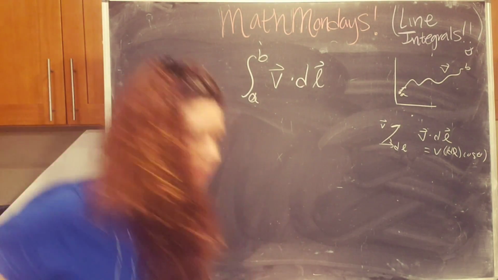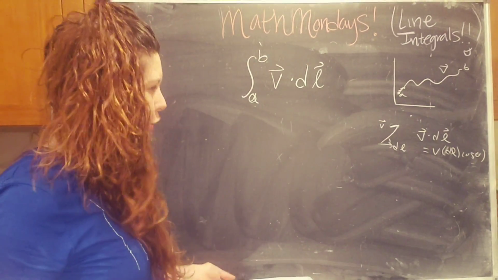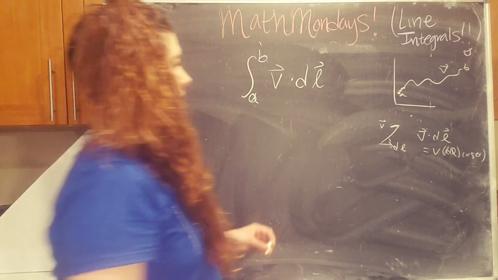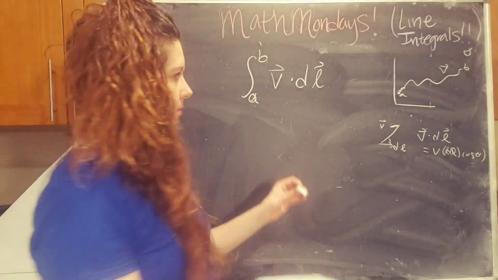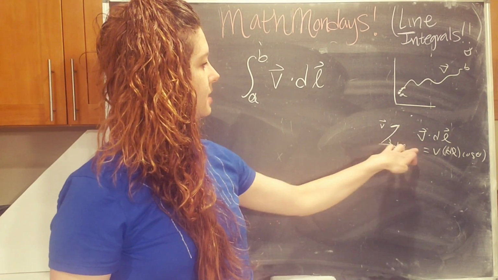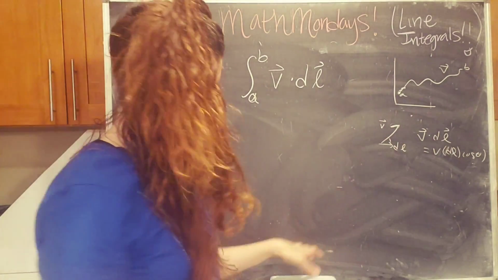Okay, I hope that helps to clarify a little bit. Basically, you can think about it like we are finding the amount of V that is in the direction of dl.